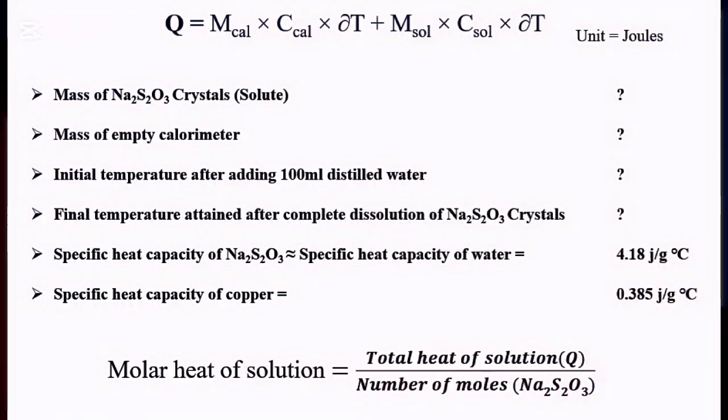All right, then you were told to assume that the specific heat capacity of the sodium thiosulphate crystals should be equivalent to that of water. So that means the specific heat capacity of the solution, you have to take it as 4.184 joule per gram degree Celsius.